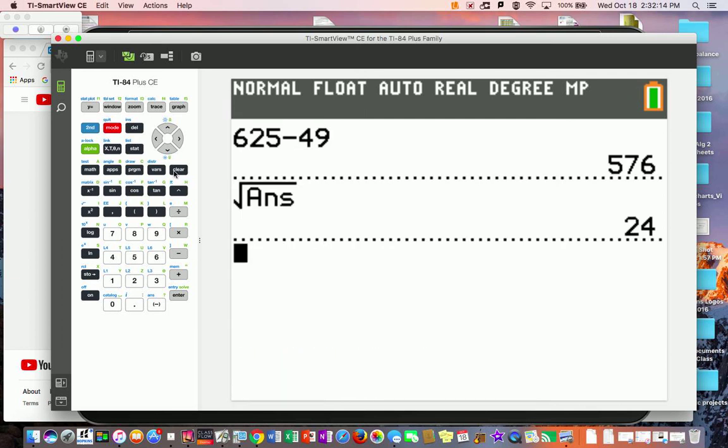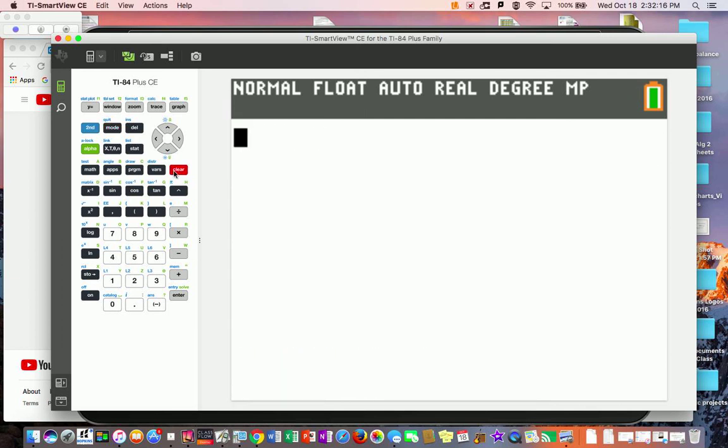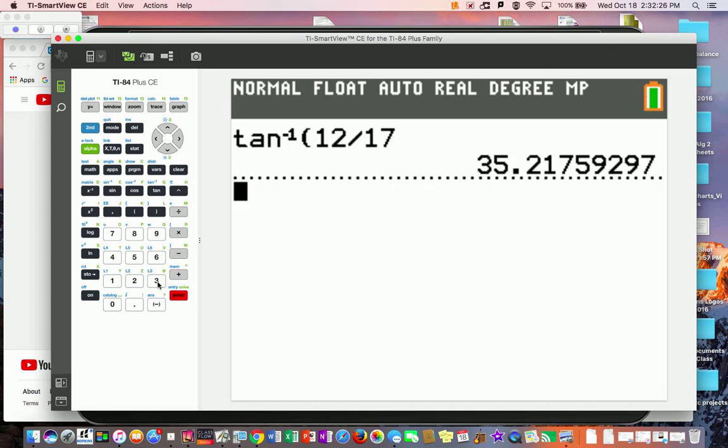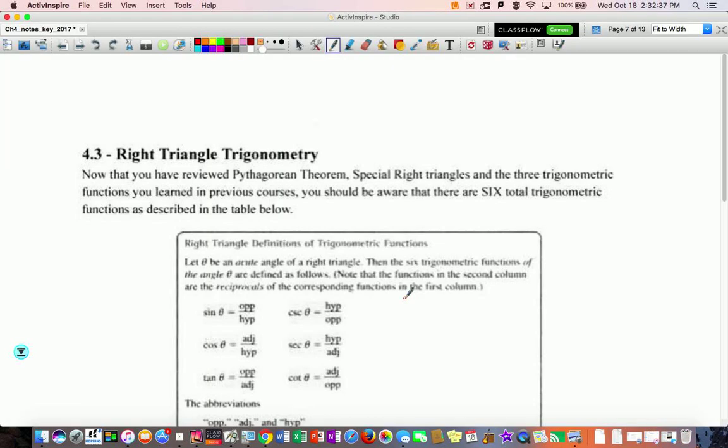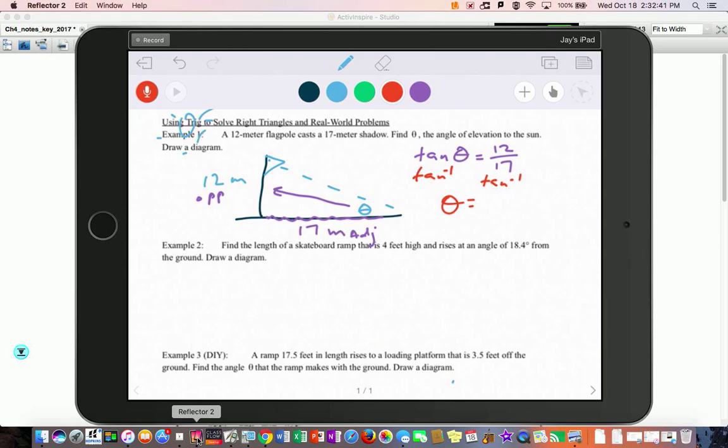So when I solve this, I'm going to type in second tangent 12 divided by 17, and I get about 35, let's round to the second, so 35.22 degrees.